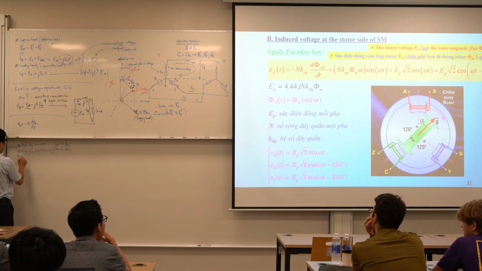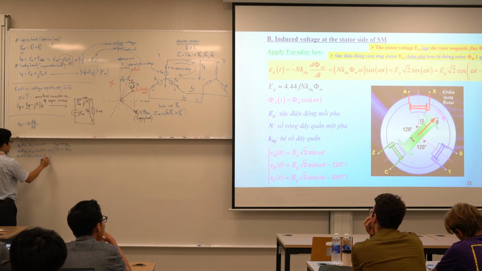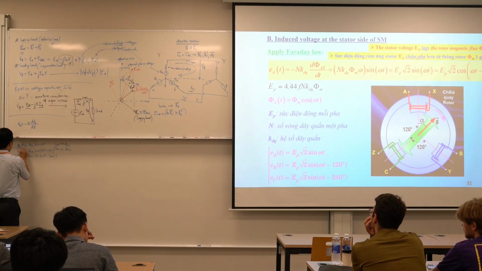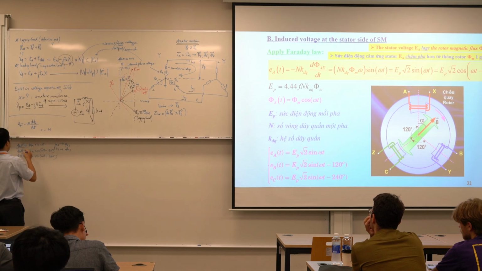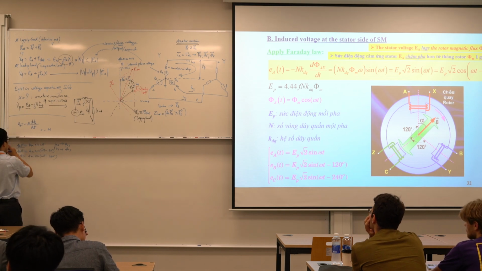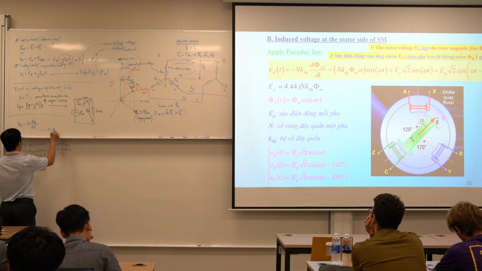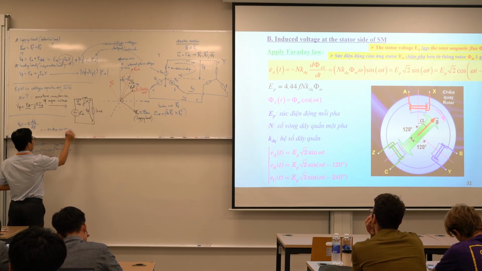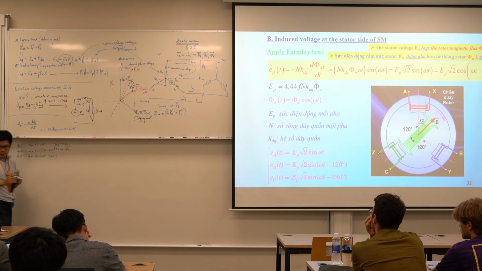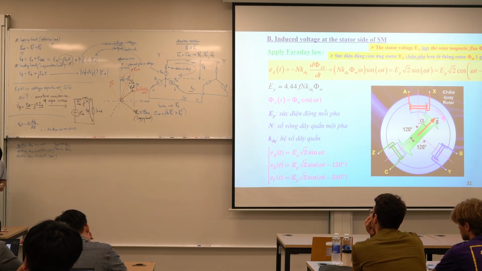And phi C is phi M sine omega t minus 240 degrees. We just take phase A. So here you get minus derivative of phi A with respect to time. That means you get phi M, okay, sine omega t, you get omega cosine omega t. Am I correct? Okay.